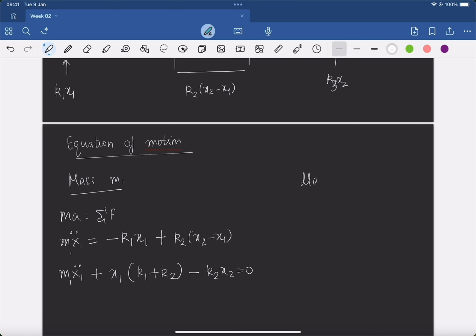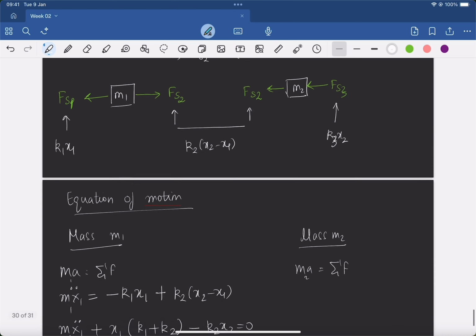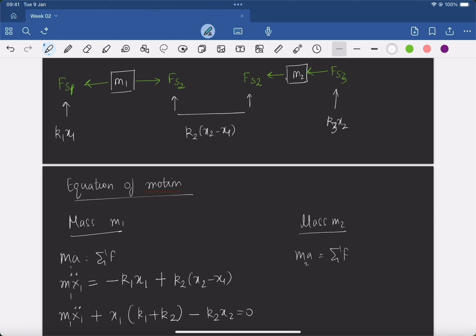Similarly for mass m2, we have again ma equal to the summation of all forces. If we go back here, our S3 is acting in the left direction. Both the forces are acting along the left direction, and we have said that this is our positive direction. So I can then say m2 into x2 double dot is nothing but minus k3 into x2 minus k2 into (x2 minus x1).